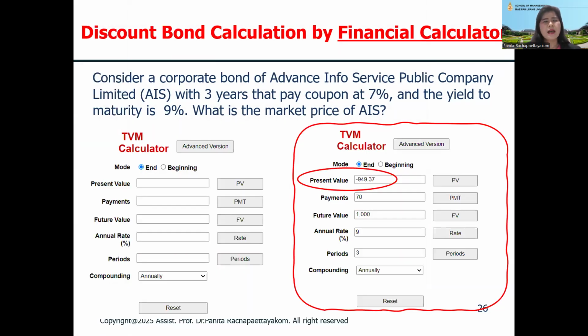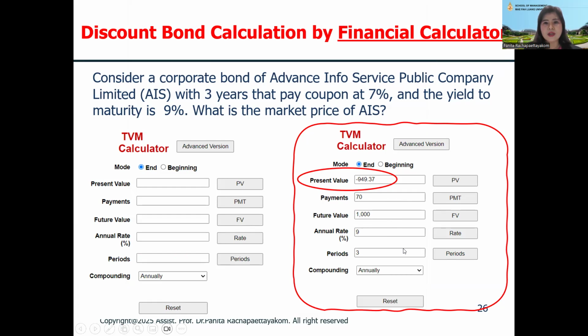In this case, again, you can apply the financial calculator as well. You put the PMT as 70, and the future value should be 1,000. But in this case the annual rate changes from 5% in the case of the premium bond to 9% for the discount bond.